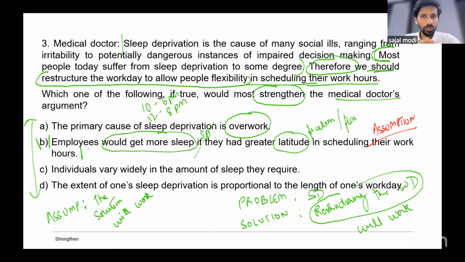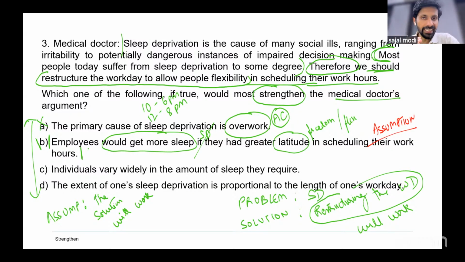Option A introduces an alternate cause. I'm just writing AC, a very important concept, alternate cause. We will look at it in greater detail when we do the weekend topic. So option A gives us an alternate cause for the problem. If overwork is the reason, then scheduling the working hours will not help. So A weakens, A is out.